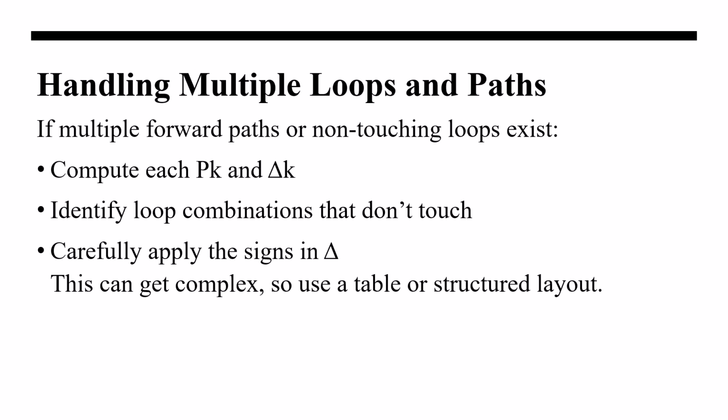First understand the non-touching loops, and after that find the touching loops. Then we can reduce everything into a structured, step-by-step format. This is how even a very large signal flow graph can be reduced step by step and easily understood. Otherwise, if you work with internal loops in between, you will get confused.